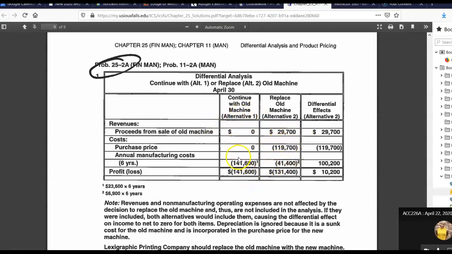So now what's important to see here is both of them have a loss, right? Both of them have a cash outflow. How much is greater than the other? Well, in this case, it would cost us more in cash to remain with the old versus the new by a difference of 10 grand.